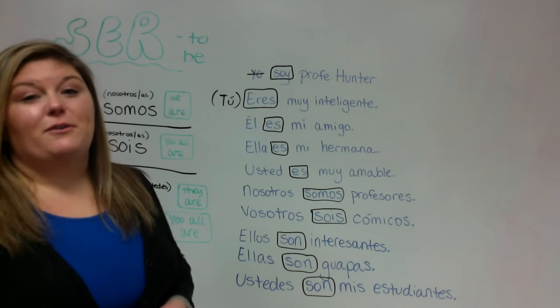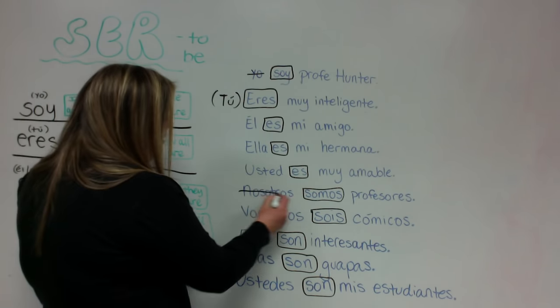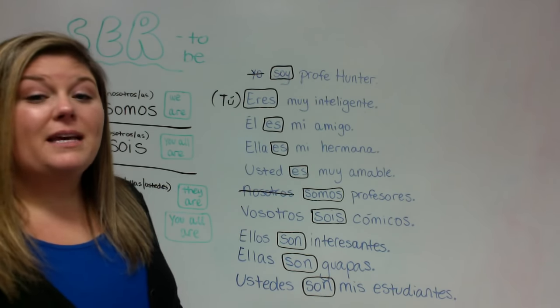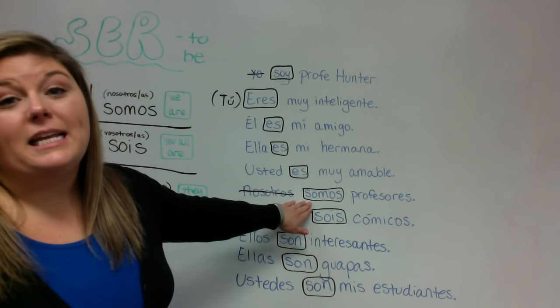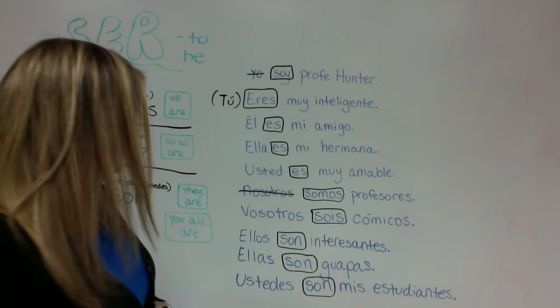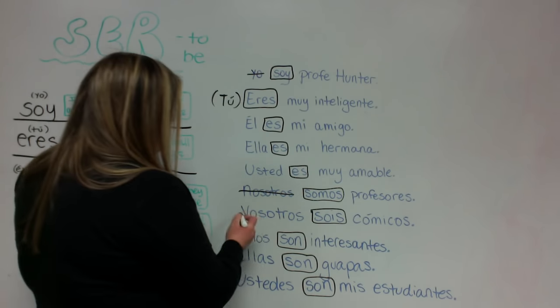Nosotros somos profesores. We are professors. And again, I can just say somos profesores because by conjugating it into somos, it already implies that we, nosotros, is the subject. Vosotros sois cómicos. You all are funny.